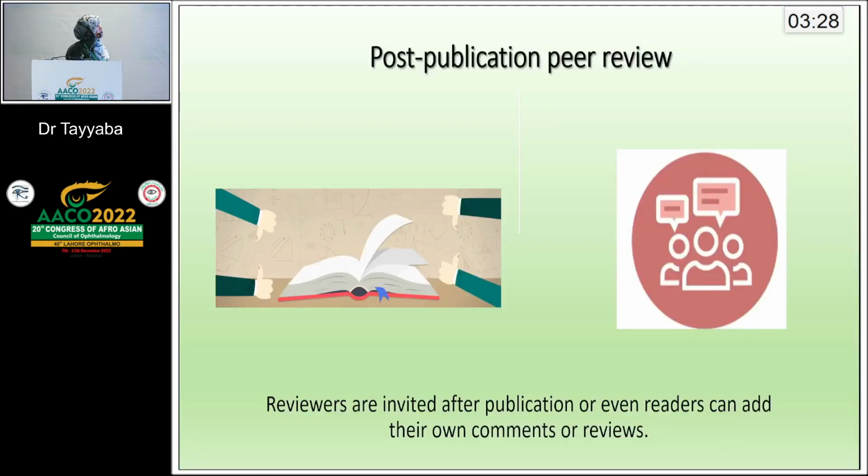Another type of peer review is the post-publication peer review, and it is also now being commonly adopted. In this case, as the name indicates, the article is published and the reviews are taken after that, and these are the open reviews.